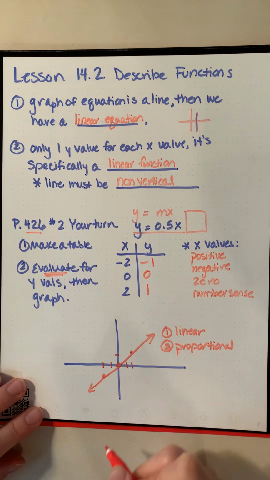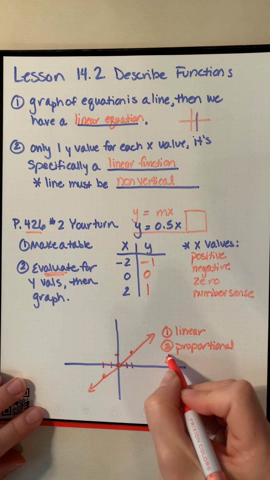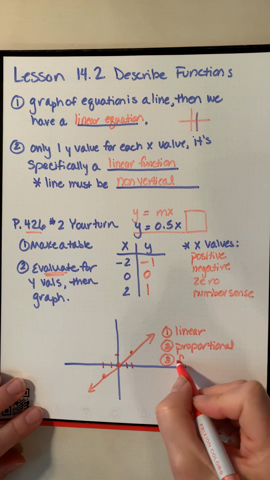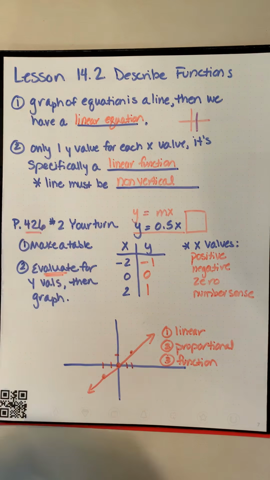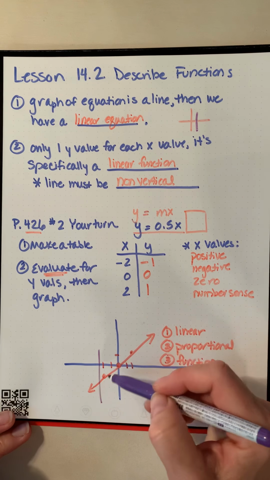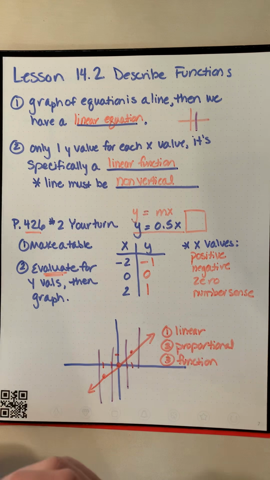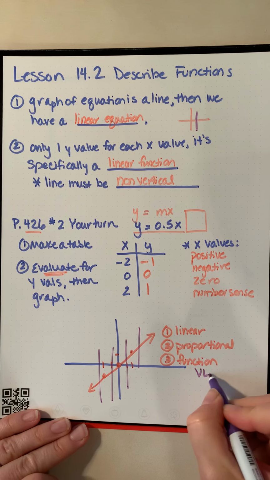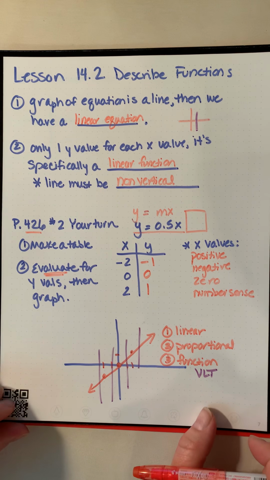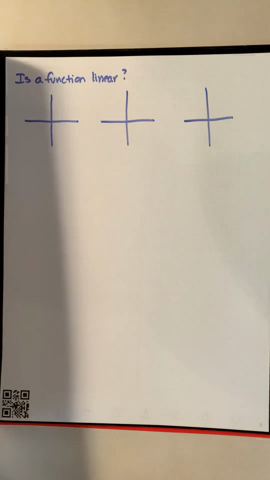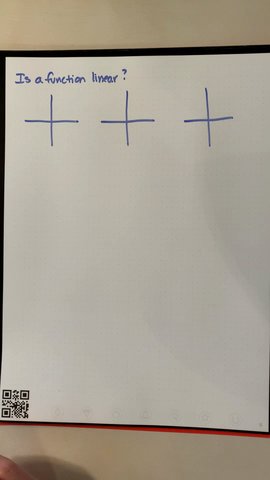It's crossing through that origin, okay? And 3, I can actually say that this is a function. And if you remember from yesterday's lesson, we know it's a function because it passes the vertical line test, okay? That vertical line test is going to be a great thing to check on as we're going through some of these, all right?